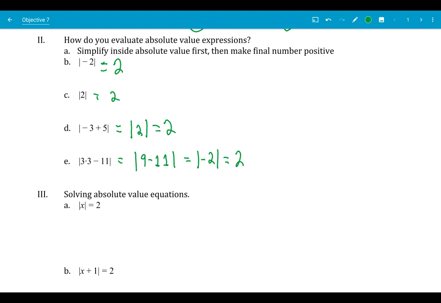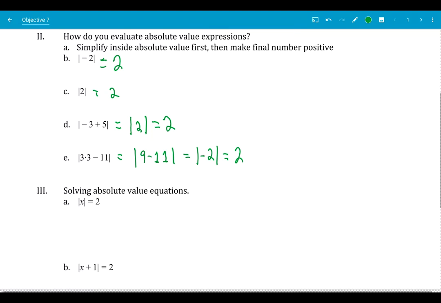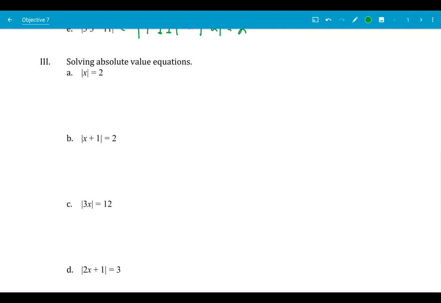Now, when it comes to solving equations, the interesting part here is this. Remember, you can put in any number you want for a variable, and you're trying to figure out what value of x would make the equation true. So what this is asking you right here is, if you could plug in a single number for x, what could you plug in to make it equal to 2?